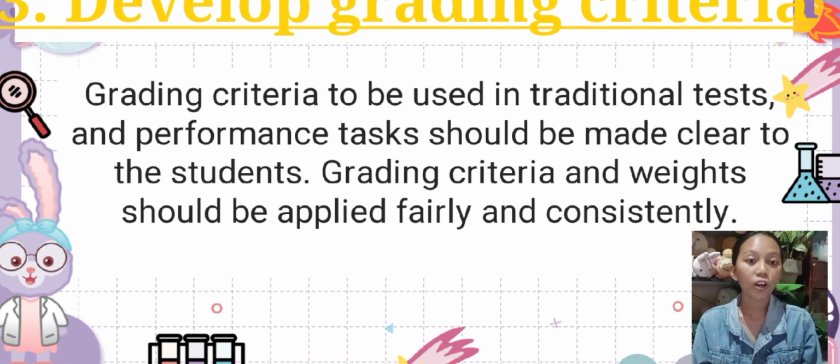A holistic or analytic rubric can be used to map out the grading criteria. Developing grading criteria may be tedious. However, having clear criteria can save time in the grading process, makes the grading process more consistent and fair, communicates expectations to learners, and helps learners understand how their work is graded.